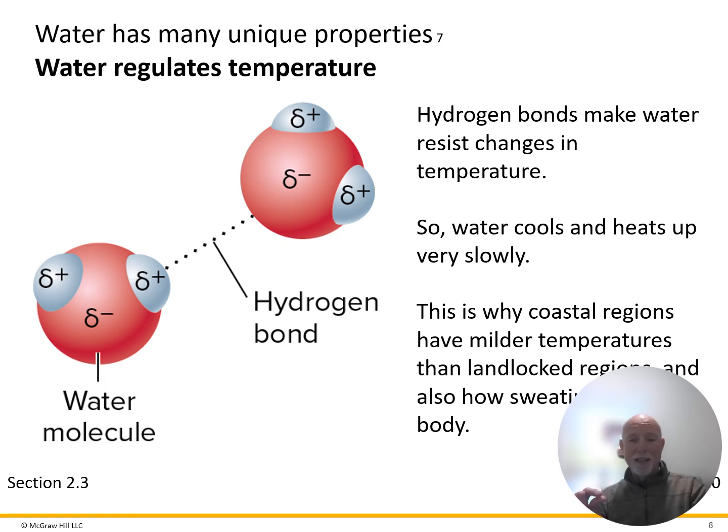Now, that's not a lot of heat. 1 gram, 1 degree. But if we take all substances, liquids, solids, everything in between, water has one of the highest specific heats of any natural compound known. It takes a lot of heat to heat water up. It takes a lot of cold to cool water down.